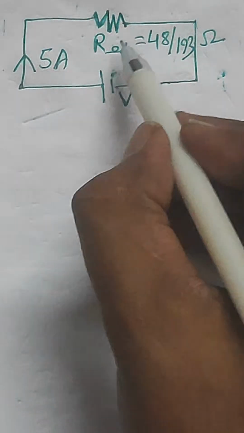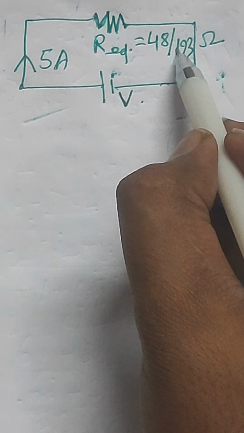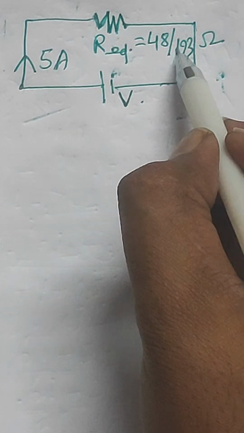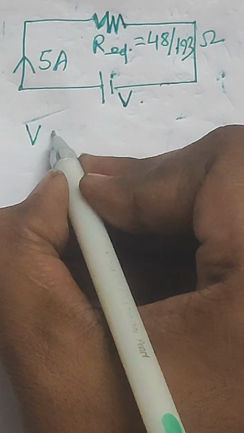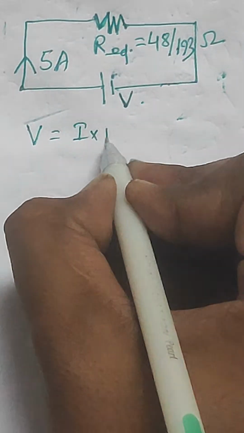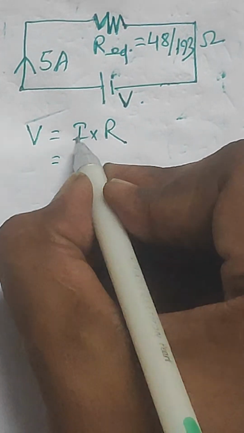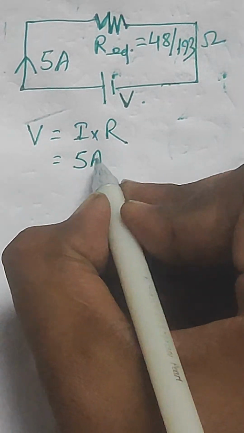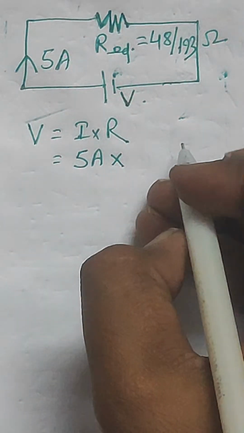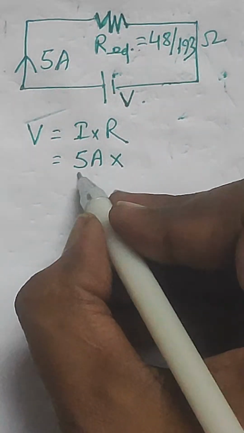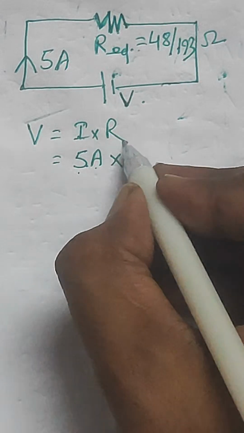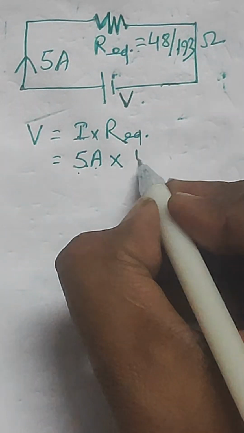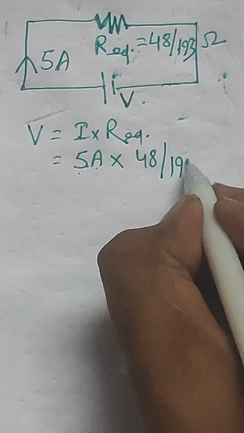Now we will calculate the voltage of this. If the equivalent resistance for the three parallel combination of resistances are calculated, then the voltage will be, just apply the Ohm's law, V will be equal to I into R. We are knowing the value of I, that is 5 ampere of current is flowing through that three parallel connected circuit. So the equivalent resistance is this. So put the value of 5 in place of I, and R equivalent is 48 by 193.